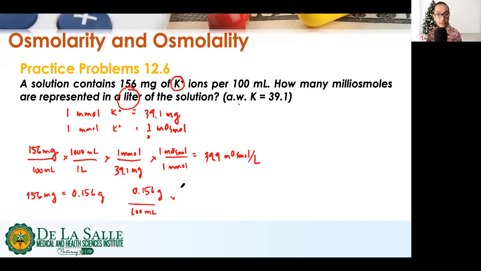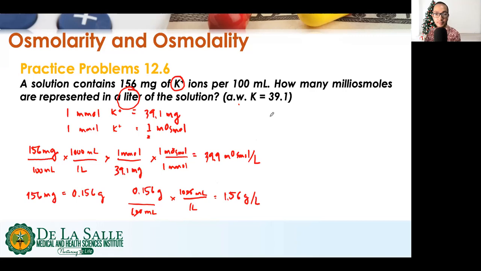Now, in 1 liter, how many are contained? We multiply this by 1,000 ml per liter. So cancel, cancel. So this is 1.56 grams per liter.